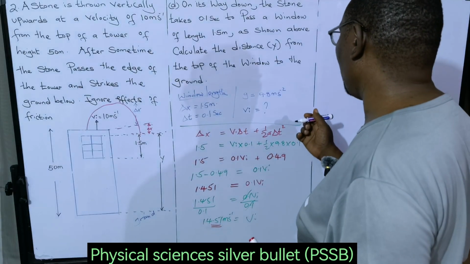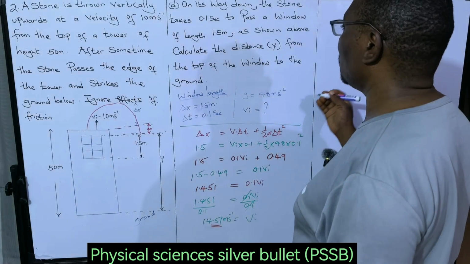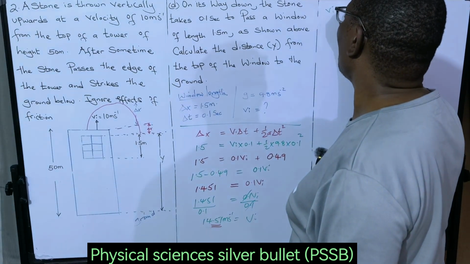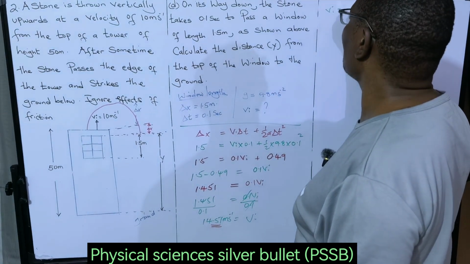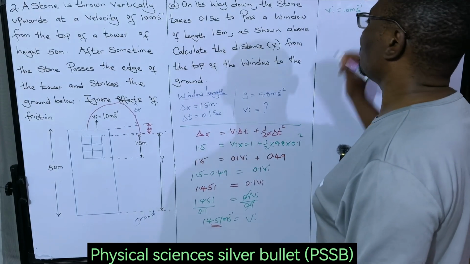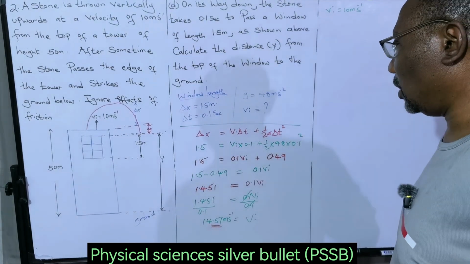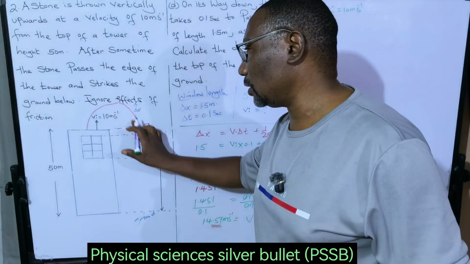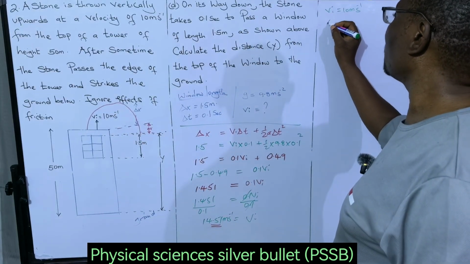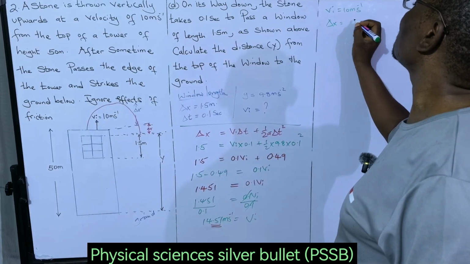So with this in mind, what do we do? We take the information. This is what you have to know about the information. We know VI of the stone, which is 10 meters per second. Okay, what else do we know about this trajectory? We are looking for displacement.